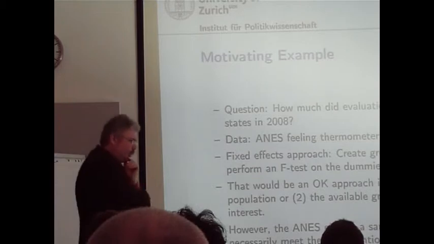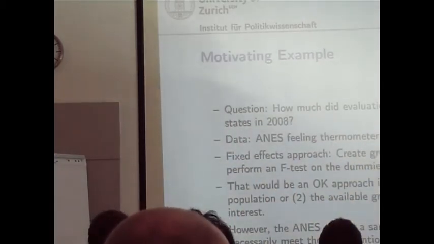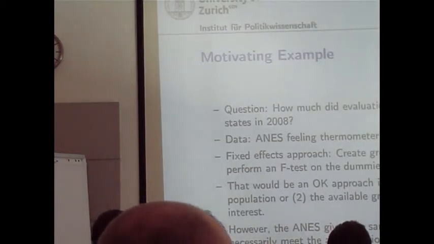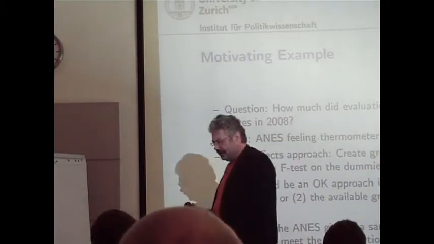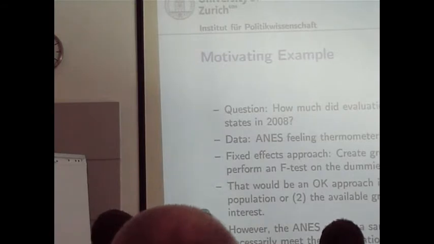One way to approach this would be to do a fixed effects analysis of variance. Treat each state as a group and then create a null hypothesis that says these group differences are 0 in the population, and test it.